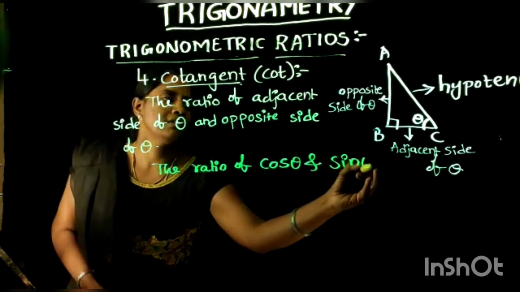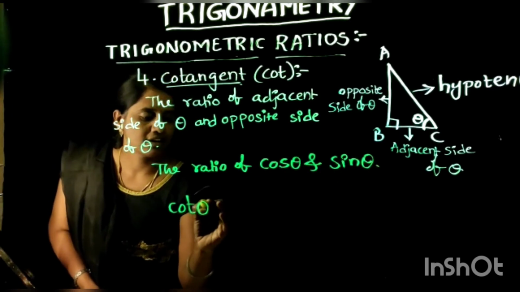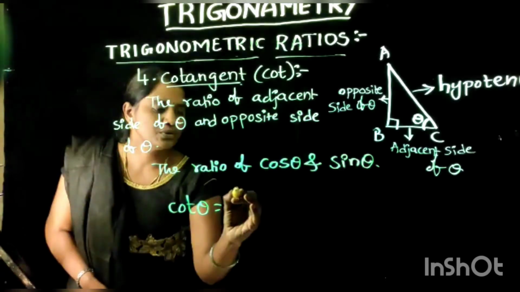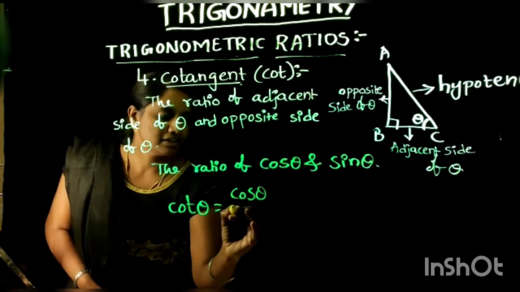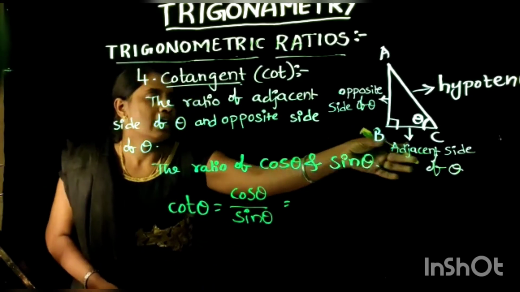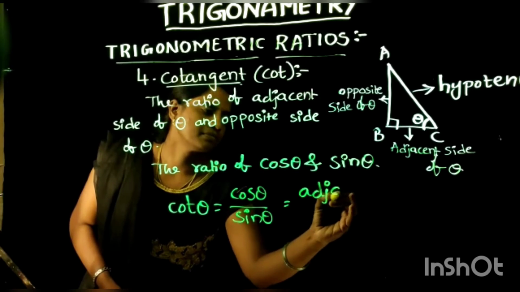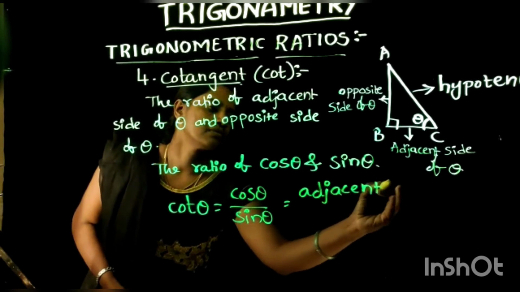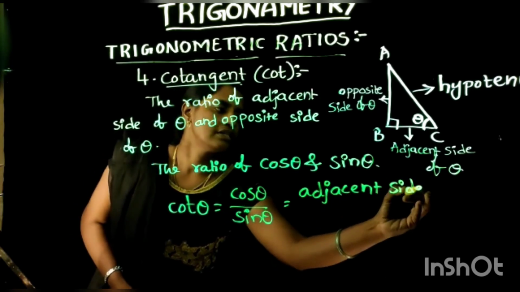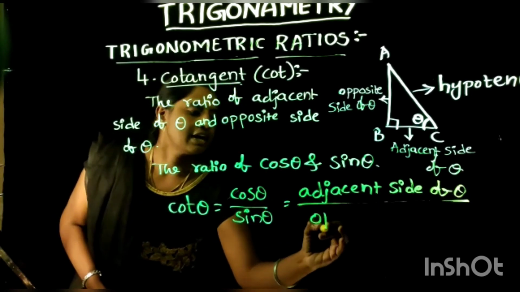You can write cot theta is equal to cos theta by sin theta, or the adjacent side of theta by the opposite side of theta.